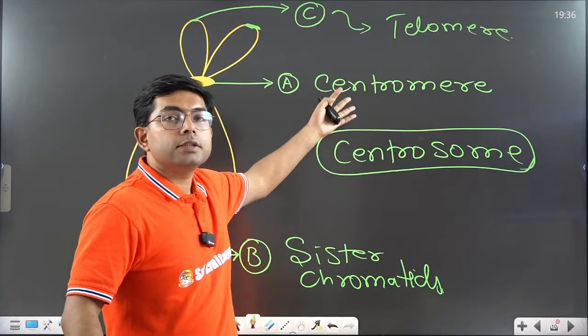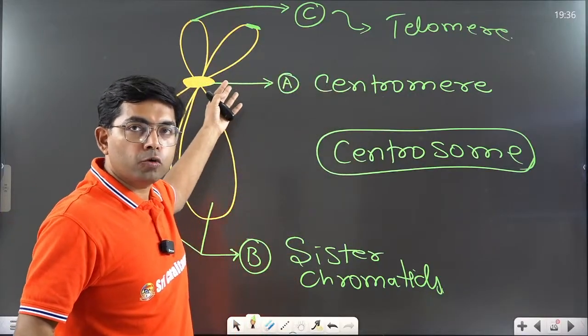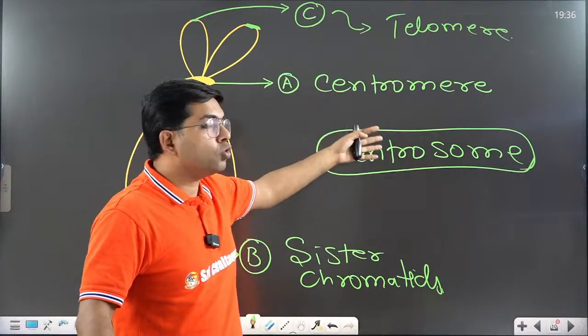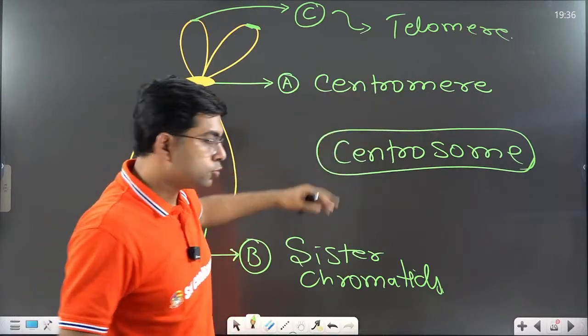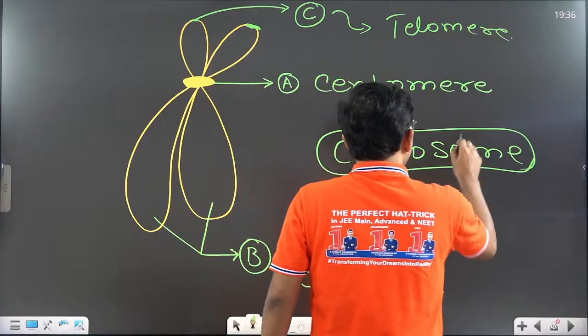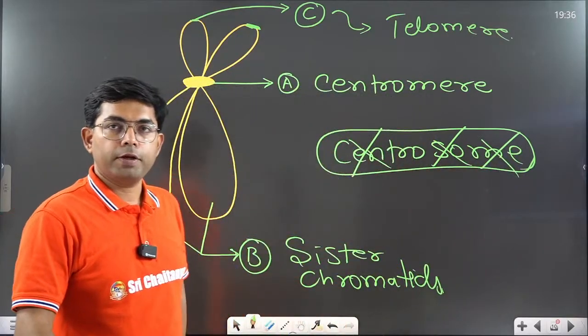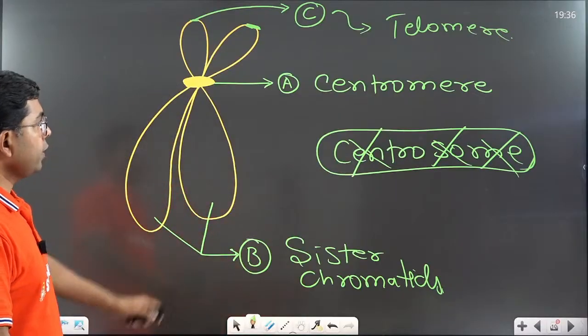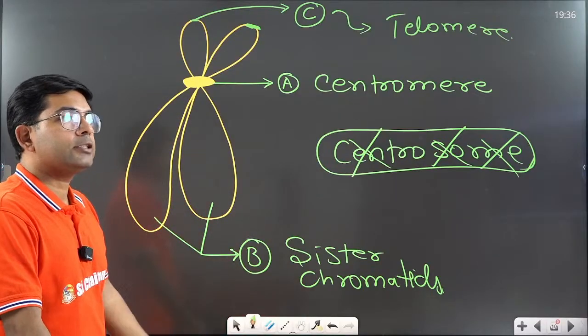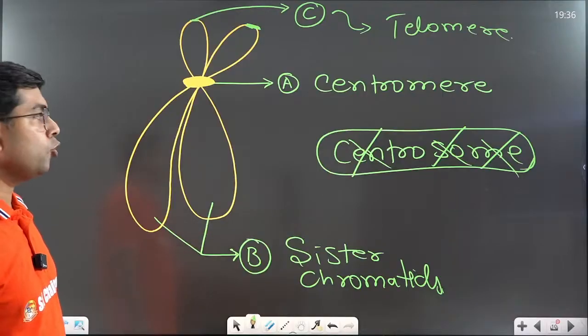Centromere is the part of chromosome. Centrosome is not a part of chromosome. So always be alert. Many times they give you questions so that you get confused, right? So now, if this part is clear, then let's move ahead and see some more.